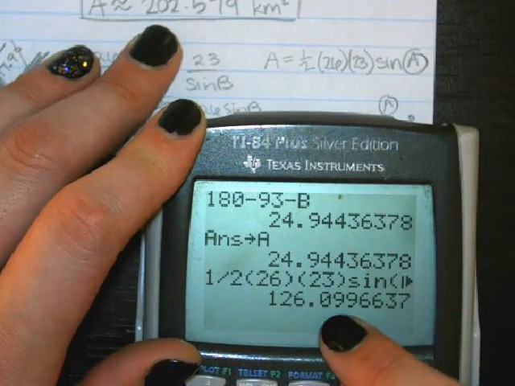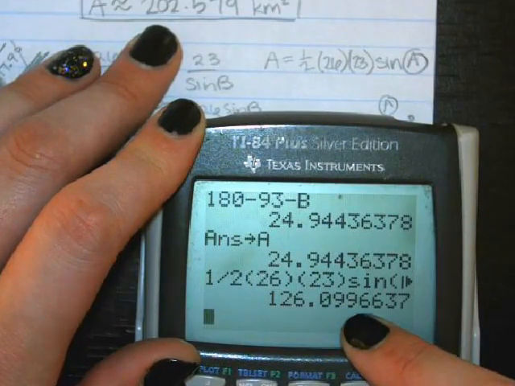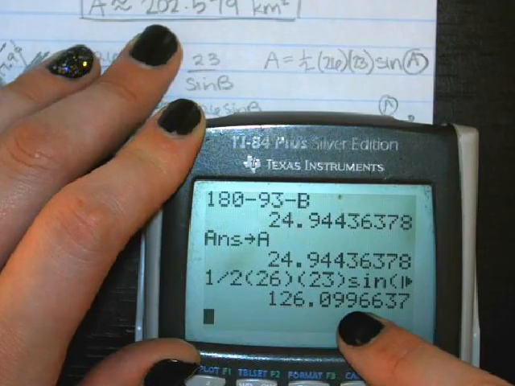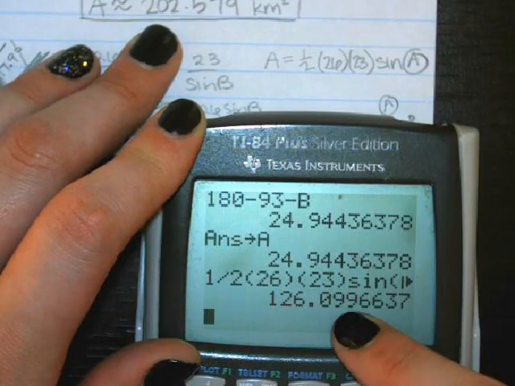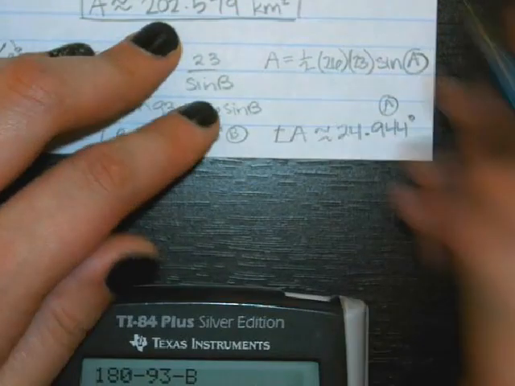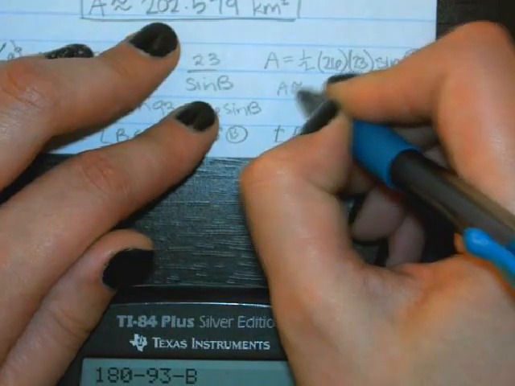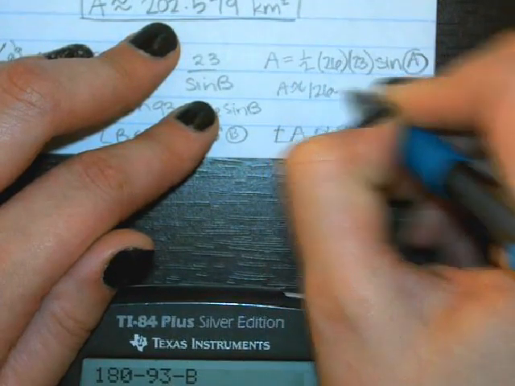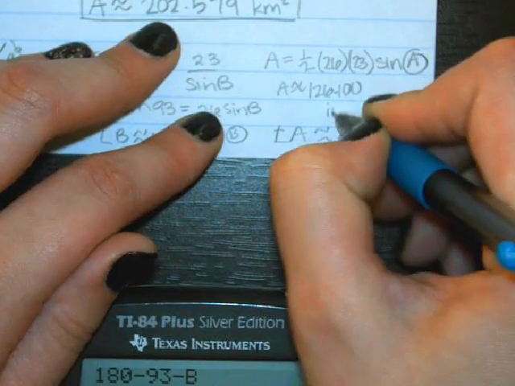If you have 99 with a 6 after it, what does it round up to? 100, right? Round it up. Okay. So we're going to write area is 126.100 inches squared.